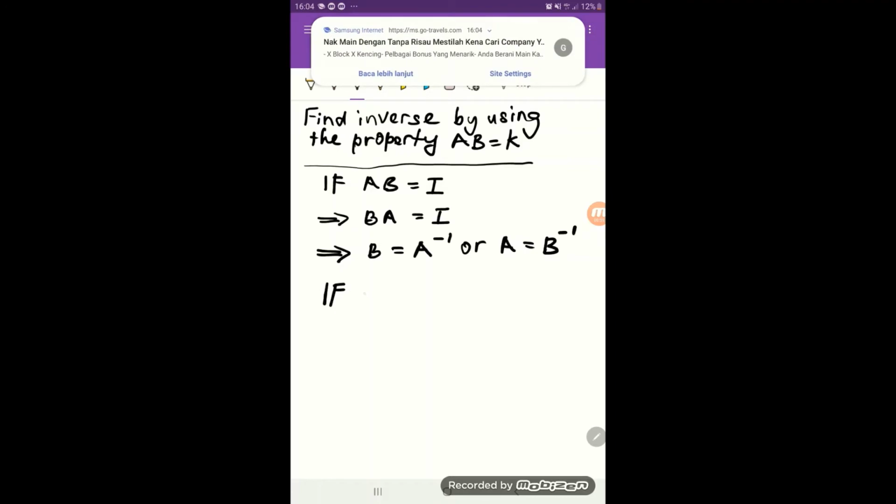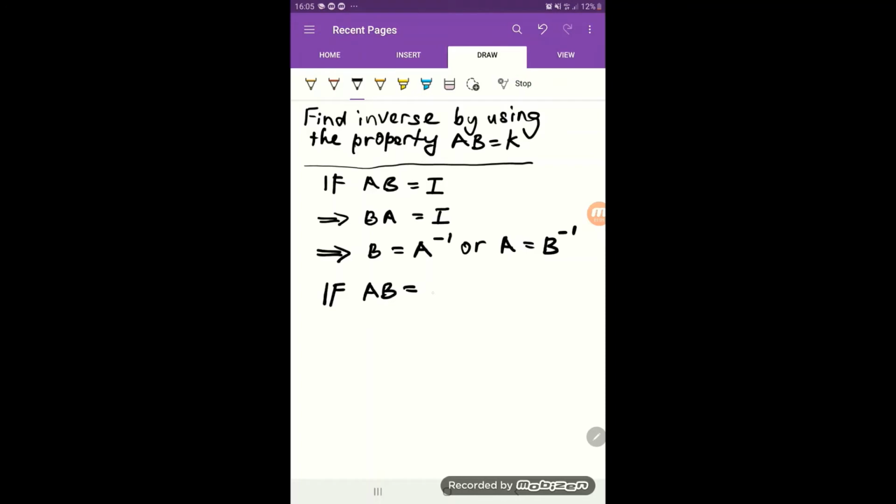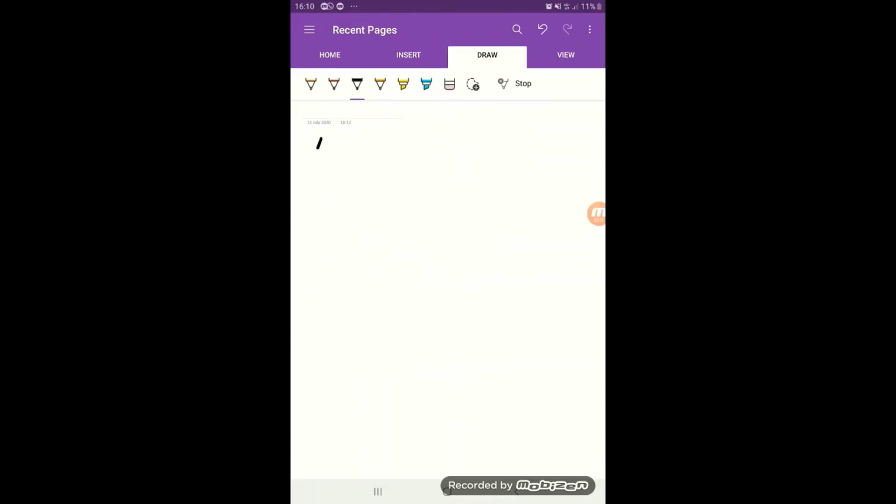If AB is equal KI, so A inverse is equal 1 over KB, or B inverse is equal 1 over KA. Number 1.